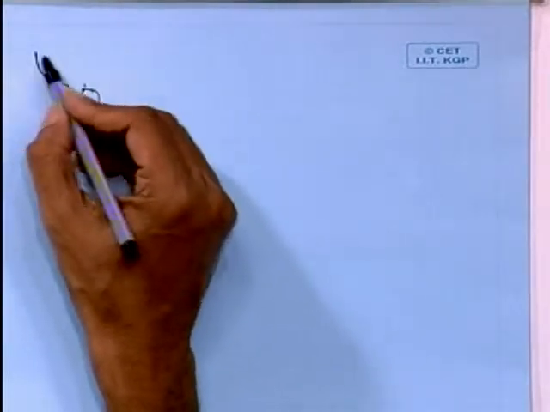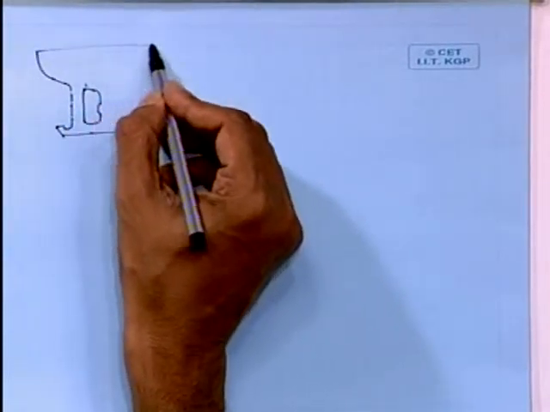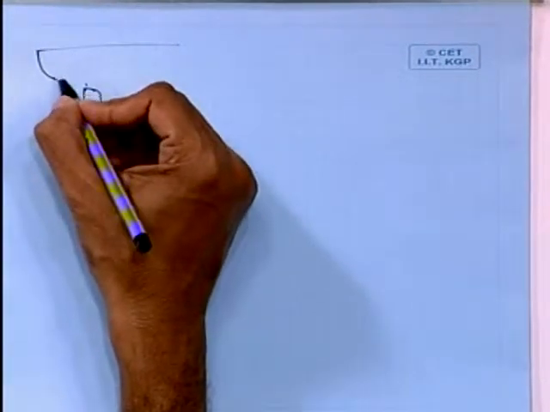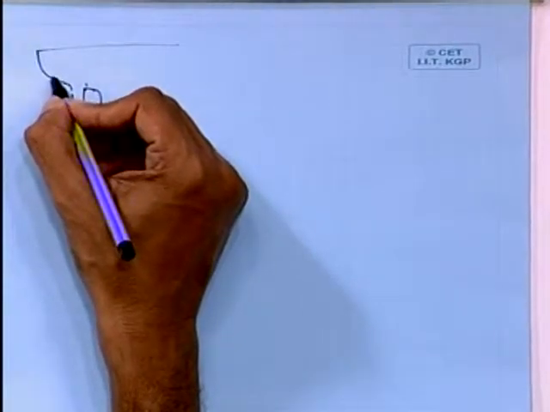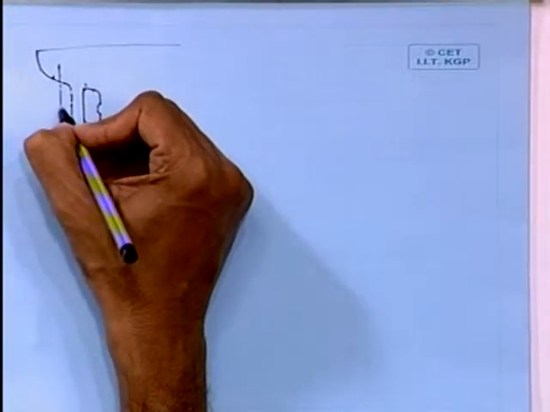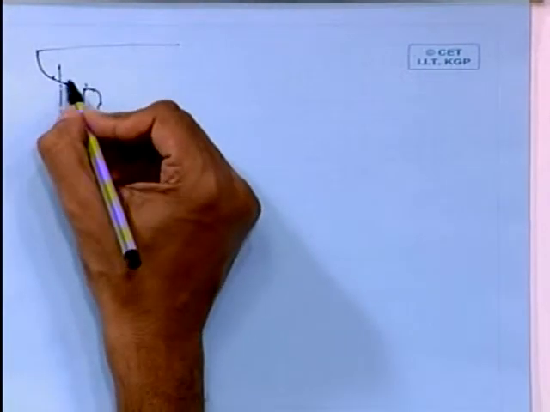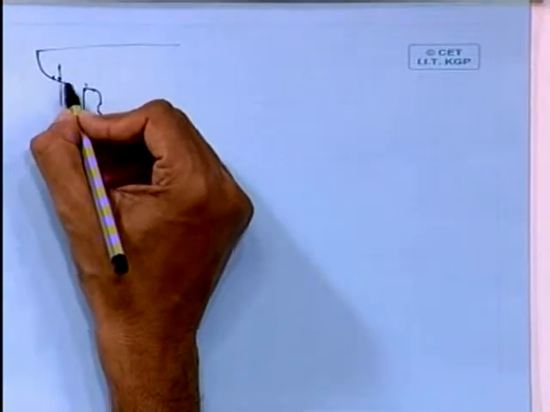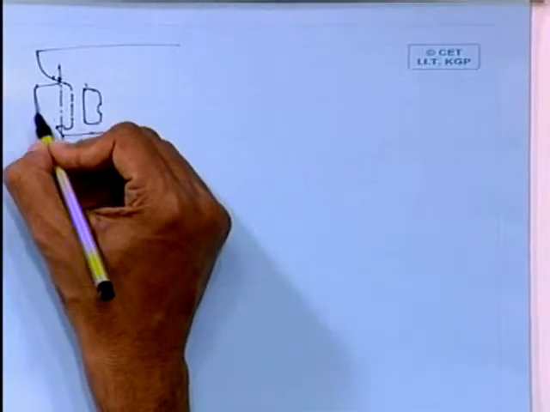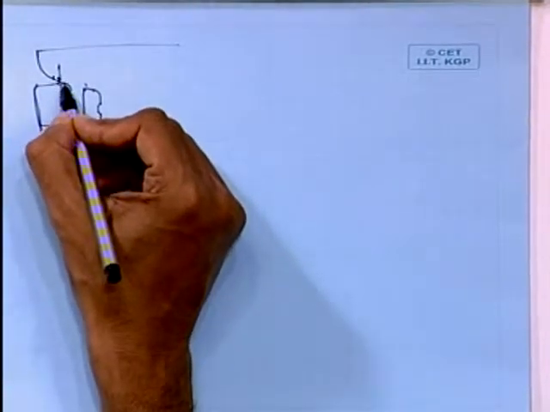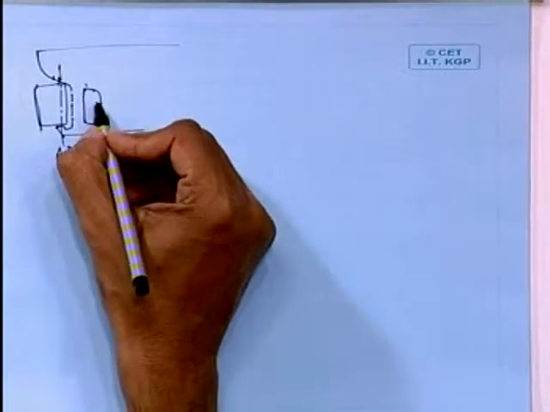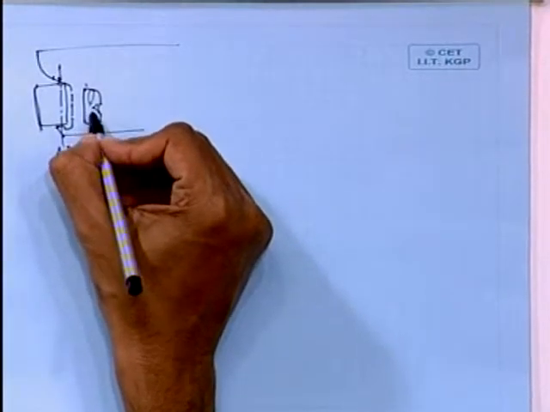So normally what type of stern is this? This is a normal cruiser stern, isn't it? And you can house your rudder in this location. So this is the position of your after perpendicular or AP, and the propeller will be located somewhere here.